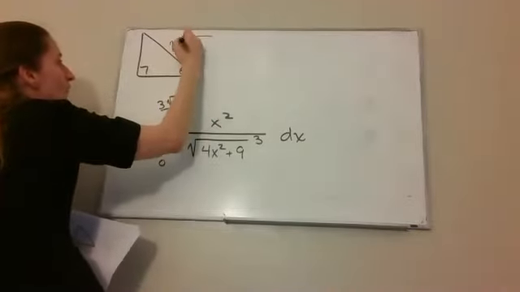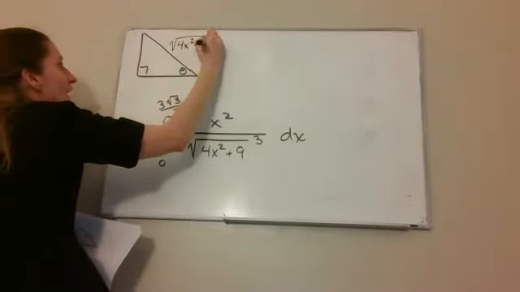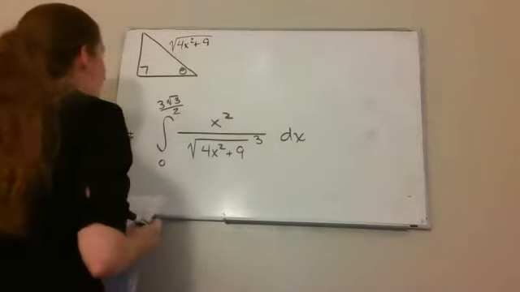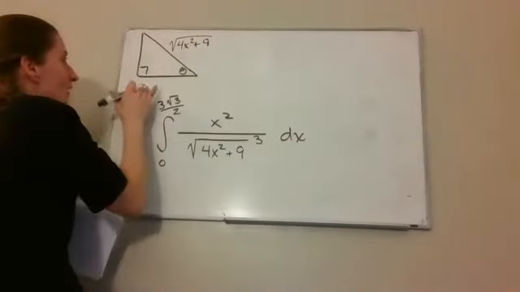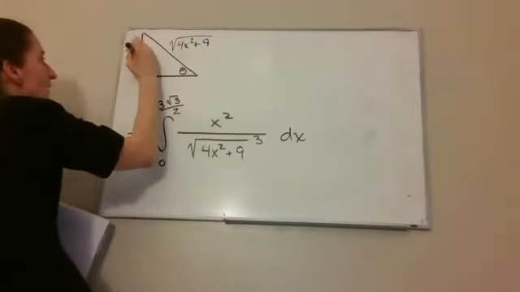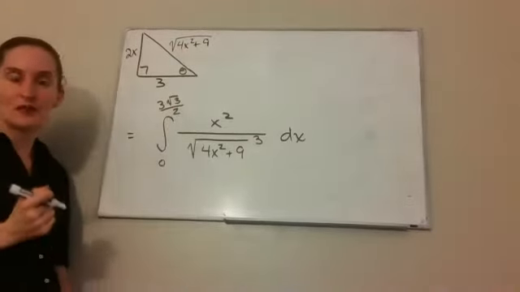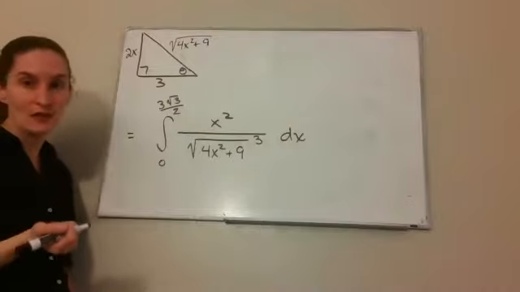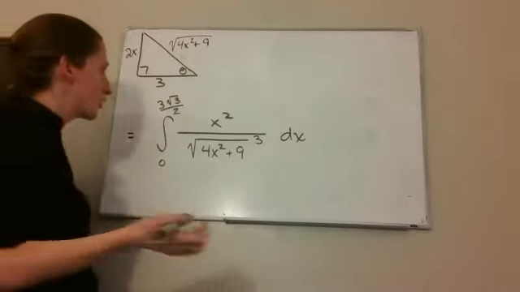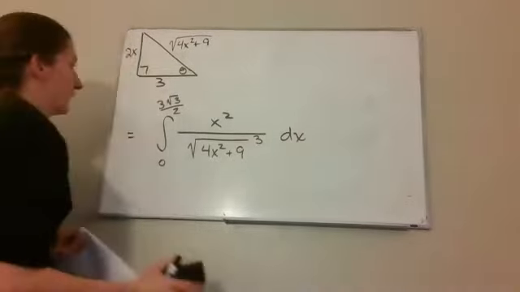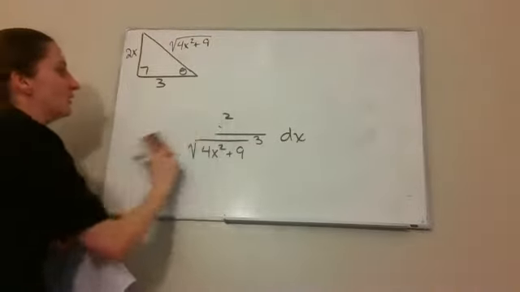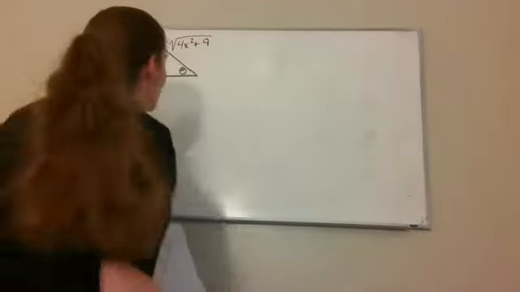So we put the square root of 4x squared plus 9 as my hypotenuse. And my sides of the triangle are going to be 2x and 3. Remember, underneath that square root are the different sides squared. So you have to take the square root before you label your triangle. So there's my triangle. Now let's see what we get from this triangle.